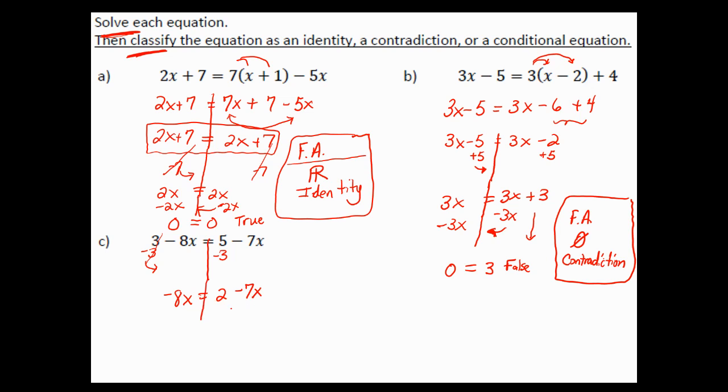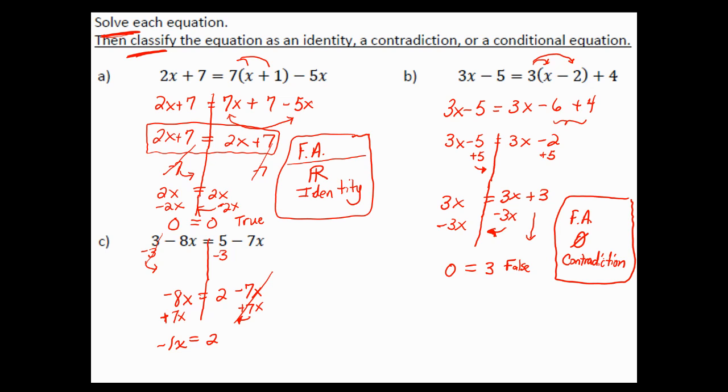Keep going. Move the number to the right. We're going to move the letters to the left. So we're going to add 7x. And again, you could use a calculator here. You would enter negative 8 plus 7, enter on the calculator to get the proper answer of a negative 1x. This one cancels.